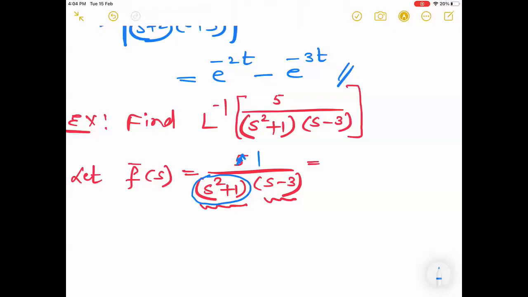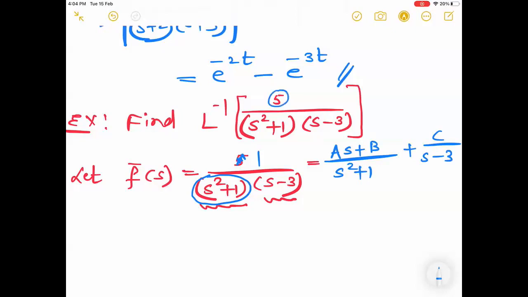Yes, so how do you write this in fraction form? The numerator is As plus B over s square plus 1, and the other factor is C upon s minus 3. Correct? Madam, why have we taken 1 here? No, no, I am taking 1 first.